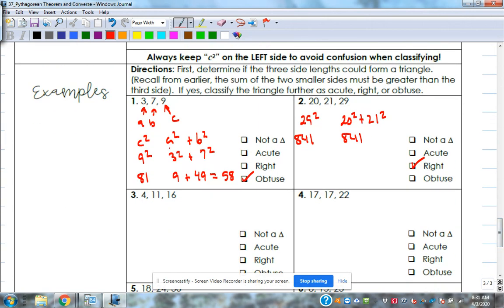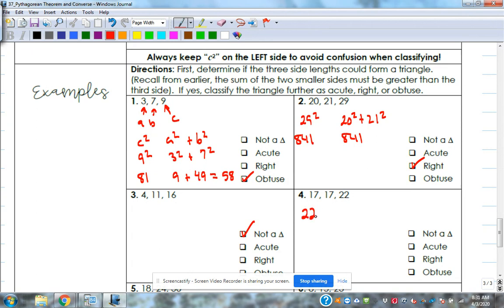If we look at number 3, though, 4 plus 11 is 15. That's not bigger than 16. So this is not even a triangle. On number 4, 17 and 17 is 34, which is bigger than 22. So that is a triangle. So we're going to test it with the converse of the Pythagorean theorem.